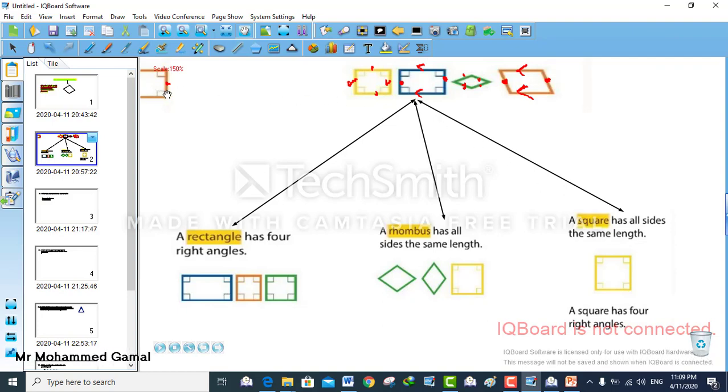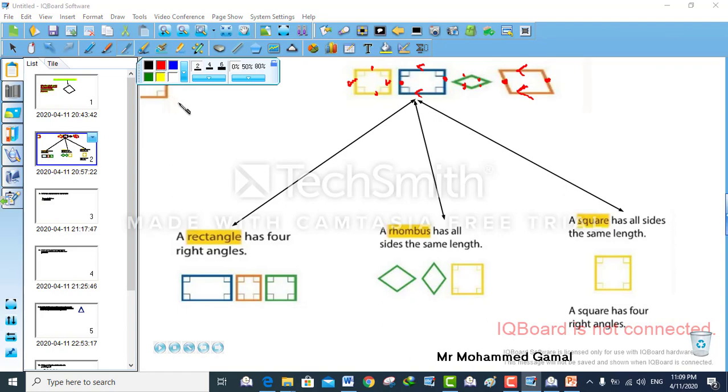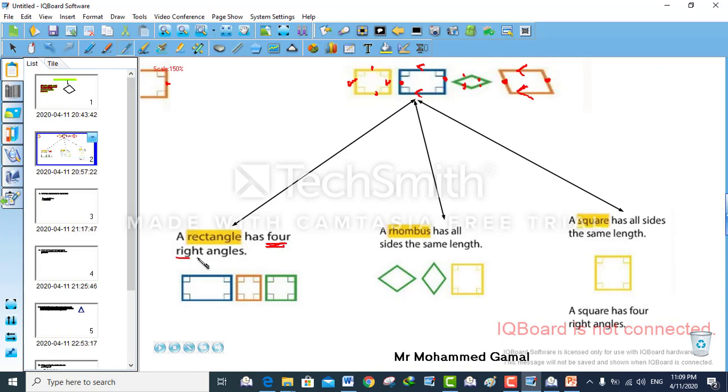For the first one, which is rectangle, it has four right angles. As you see, this is a rectangle. It has four right angles, 1, 2, 3, 4. What about the sides? Are they equal? No, they are not equal, but it has four equal angles, or four right angles. This is for rectangle.